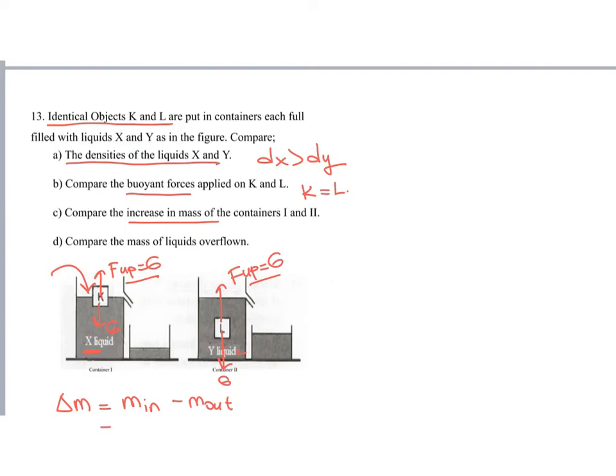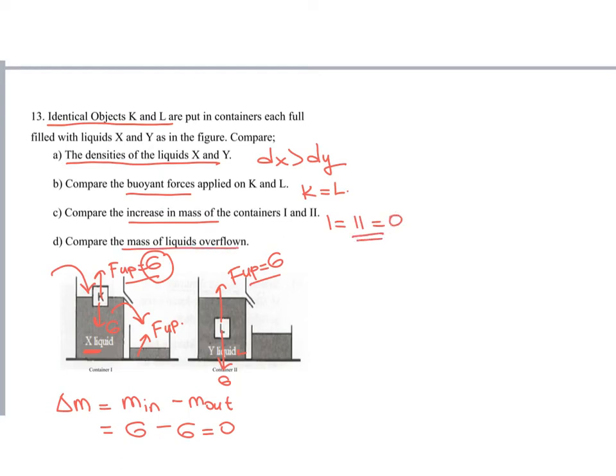What comes in is G. But some water will be overflown. This overflown water has a mass or weight equal to the upthrust force. As upthrust force is equal to G, there will be no increase in mass. So it is the same in both of them. There is no increase in mass.